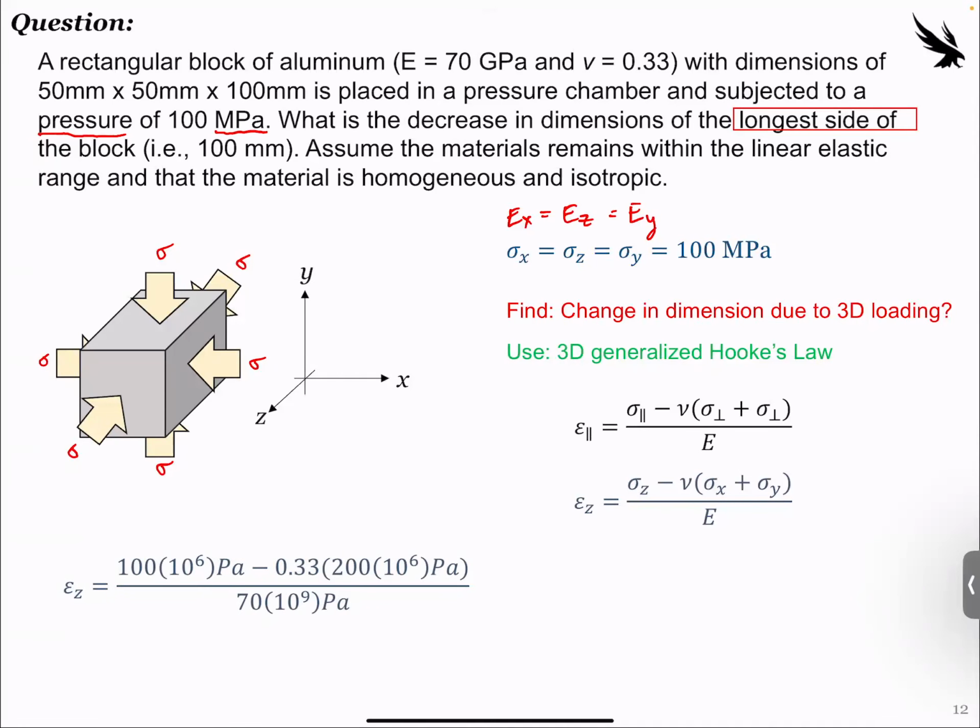So what we do is plug everything in. Remember, mega is times 10 to the 6, but the 70 gigapascals is times 10 to the 9, so we need to account for that. We have everything in pascals, so the pascals will cancel out. And since this is 100 plus 100, you can see what I'm doing there, I just already added that. 100 plus 100 megapascals.